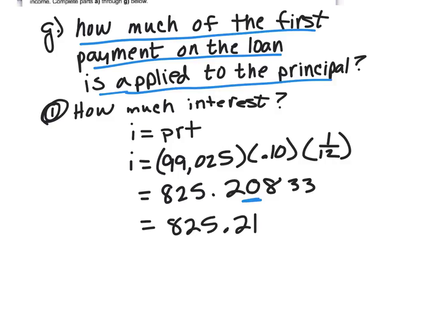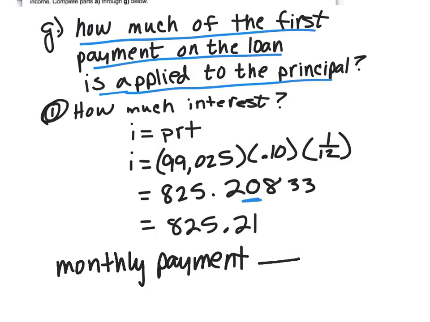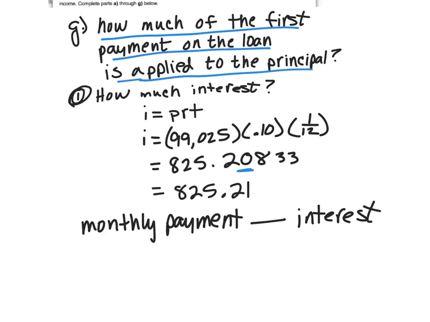Oh, it was part D. Sorry about that. Part D is when we found out what the monthly payment was. So the monthly payment, and then we need to subtract the interest. Because if we subtract out the interest, that is going to tell us how much is left over to actually go to the principal.